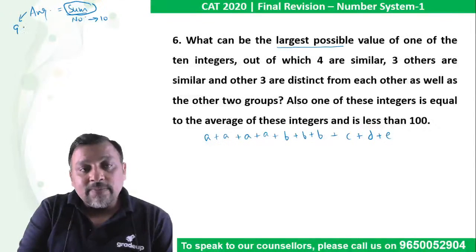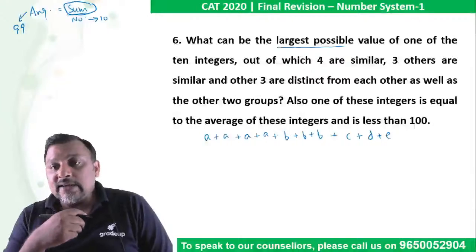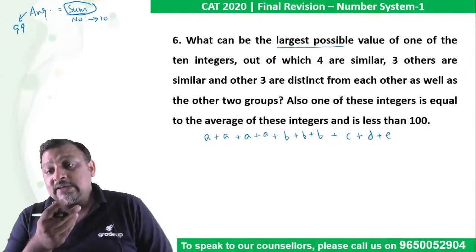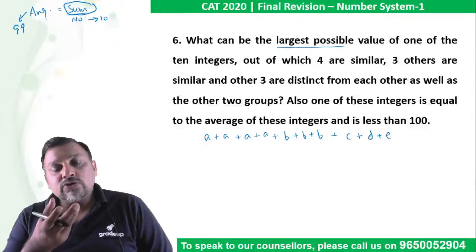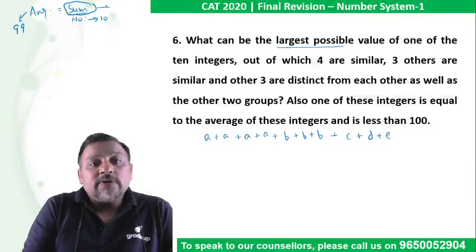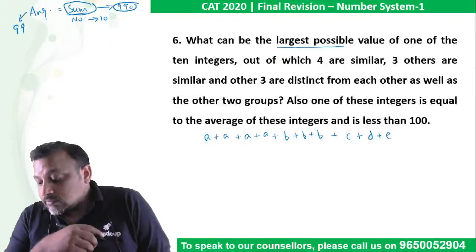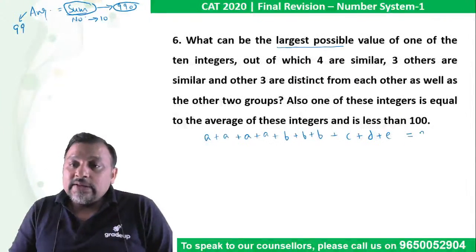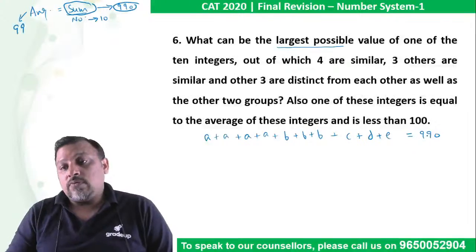So this is the maximum possible average that I can take. Are you guys getting this? It has to be less than 100. So the maximum possible value of the sum would be 990. So that means I can equate this to 990.